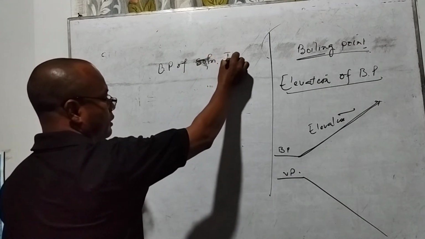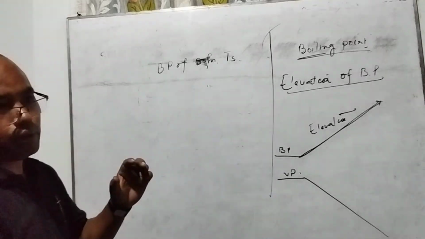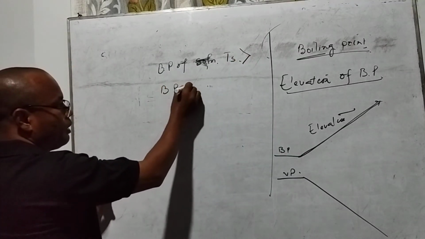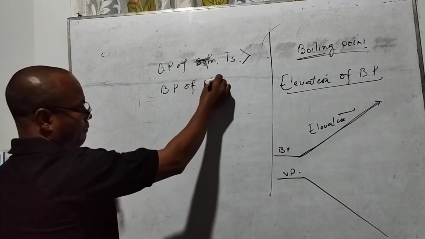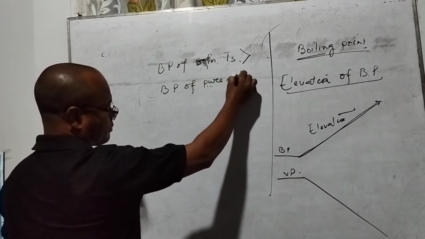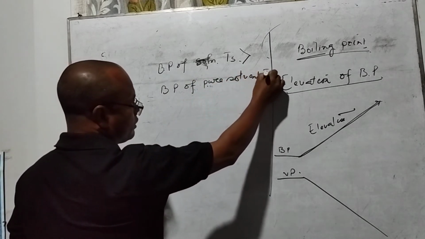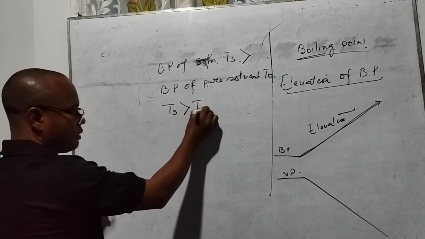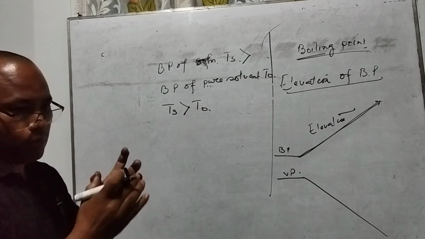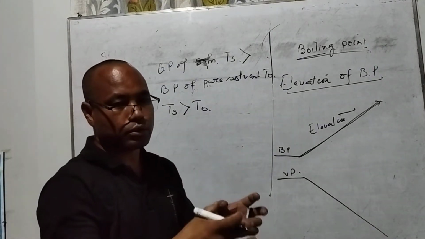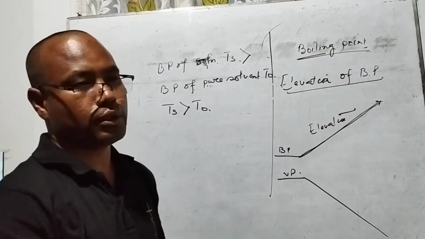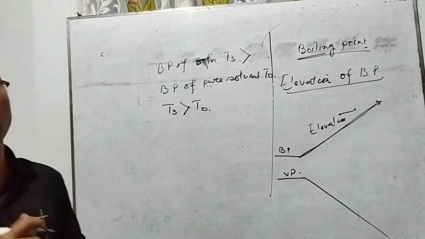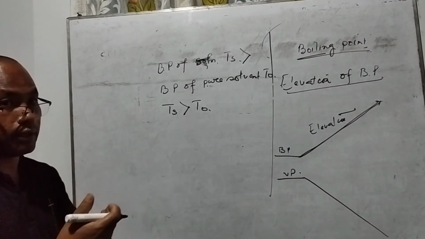Let me write here that Ts, the boiling point of our solution, is always higher than T0, the boiling point of our pure solvent. So we have a difference, right?